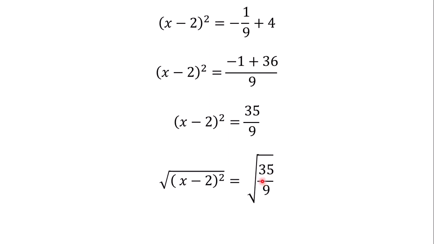So this one is the same as square root of 35 over square root of what? 9. And the square root of 9 will give us what? 3. So x minus 2 will be equal to plus or minus square root of 35 over 3.